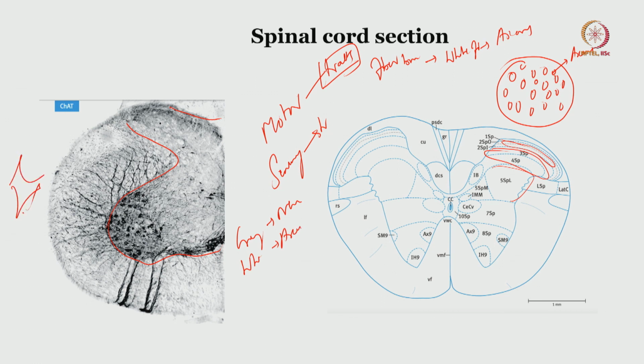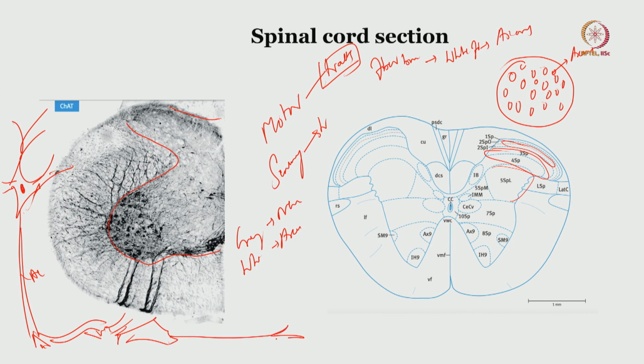Just to give a brief recap about the basic structure, the structural unit of the nervous system is the neuron, which will have dendrite, and this is the axon, and then it forms the synapse with the dendrite of the other neuron, and then it continues as axon and dendrites and so on and so forth. So, if you see, there are multiple neurons within this grey matter, which will house the cell bodies.